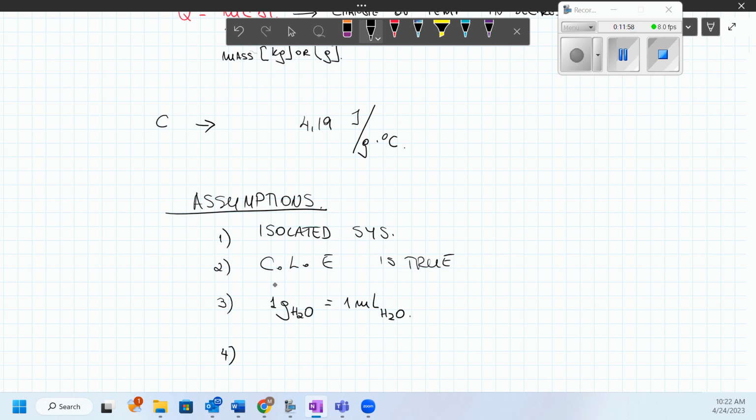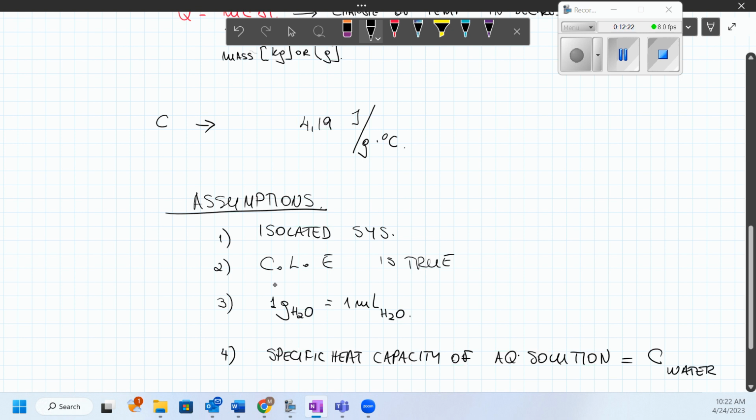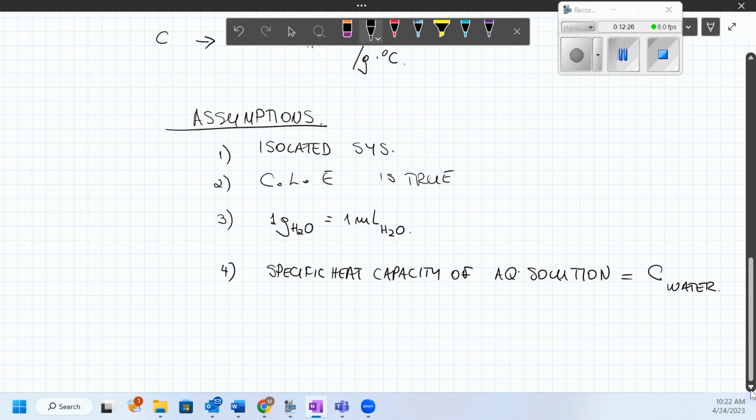So I will write here: specific heat capacity of an aqueous solution is equal to the specific heat capacity of water, 4.19 joules per gram degrees Celsius.